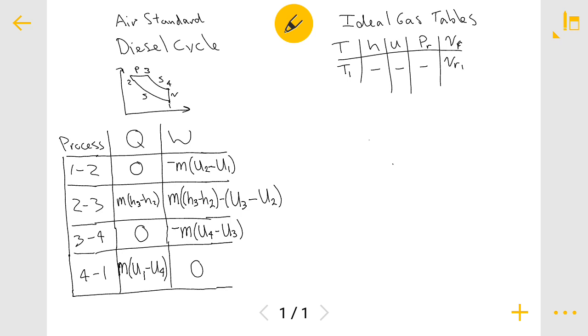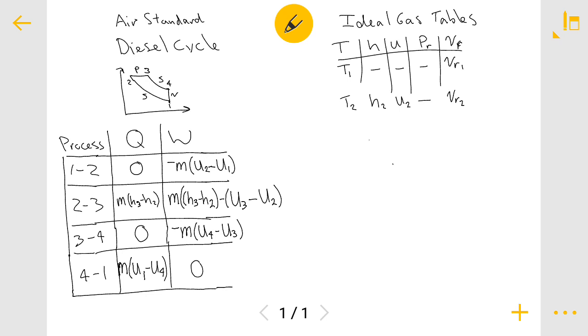Then if we have some way from V1 to find VR2, then we can go this way and find T2. And for that matter, we can find a value for the enthalpy if we need it, and specific internal energy if we need it. Right? So we're going to do that approach.